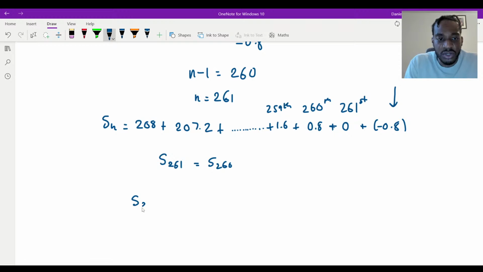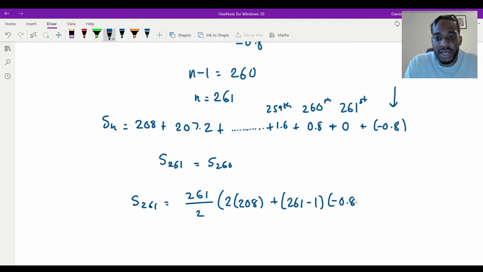So now we're going to figure out the sum to 261. S261 is going to equal n over 2, which is 261 over 2, and then 2a. A was 208 plus n, which is 261, 261 minus 1, and then the common difference is minus 0.8. So all we're going to do is plug this in, and this will give me the answer.